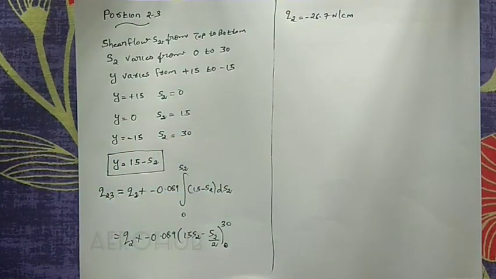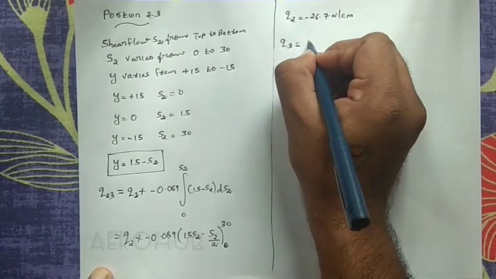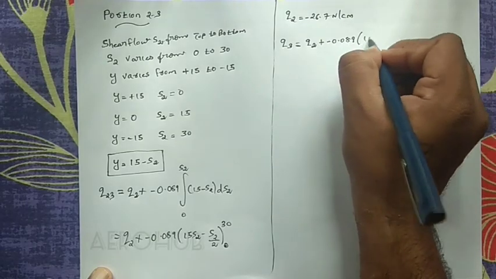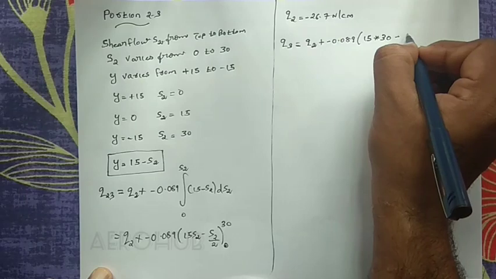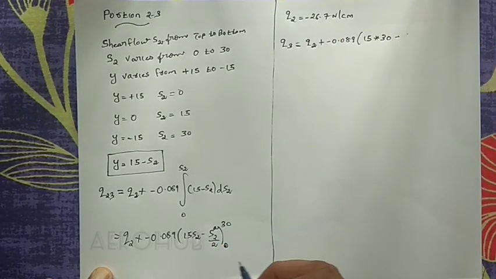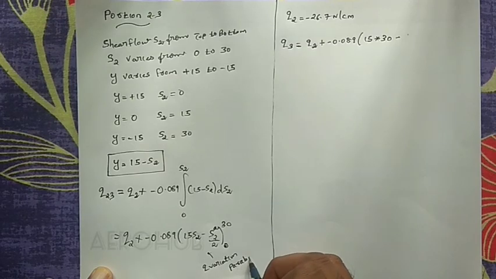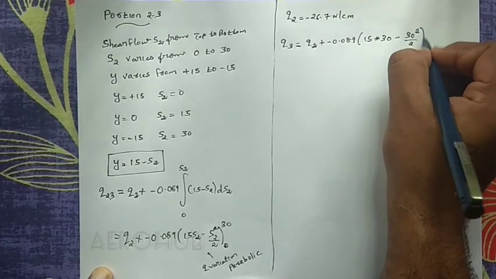Okay, now to find out the value of Q3 is equal to Q2 plus minus 0.089 times 15 into 30, I am substituting the upper limit, minus S2 square. You have to understand when we have a square term, Q variation is parabolic. So 15 into 30 minus 30 square by 2.